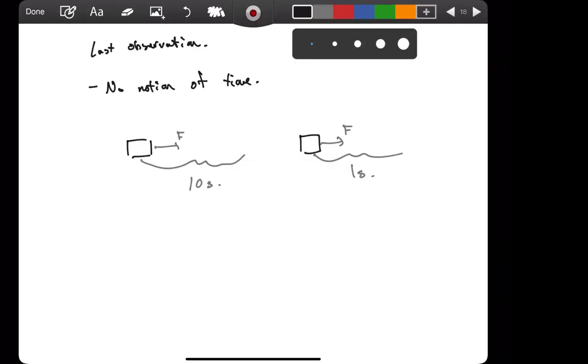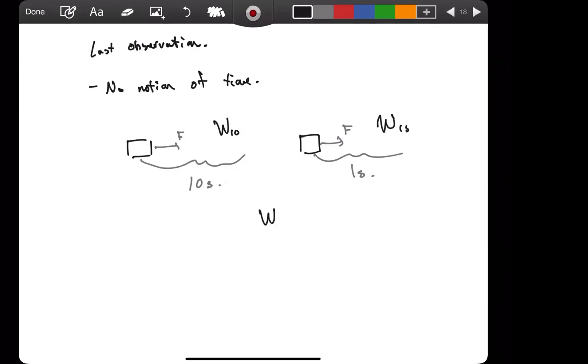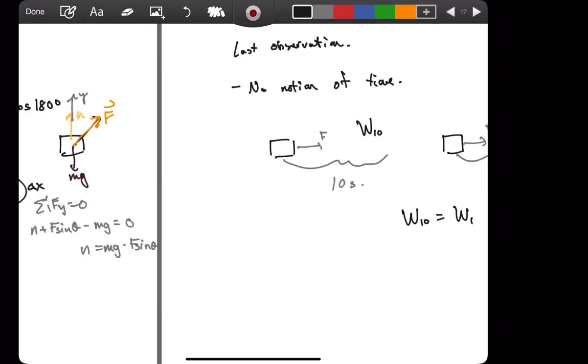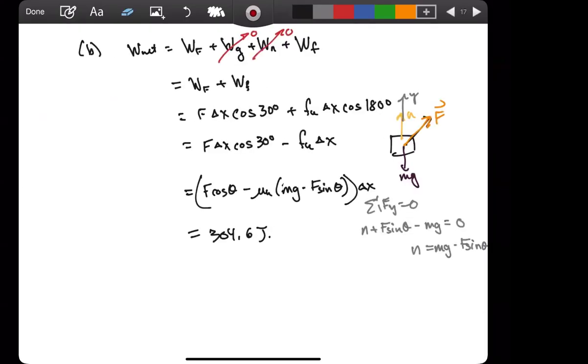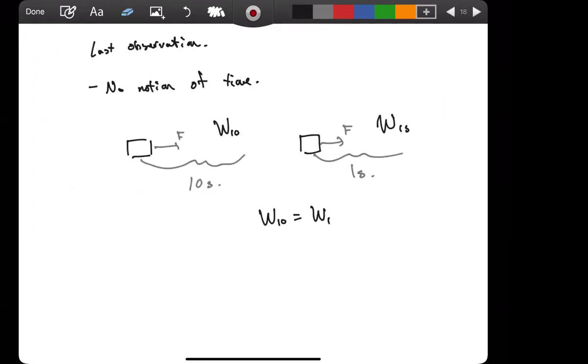Now, as far as each one of these scenarios is concerned, the work done over 10 seconds versus the work done over 1 second is exactly the same. They're the same because the displacement is the same, the force is the same, and by our definition of work, which is simply force times displacement times cosine of the angle between the two, they do exactly the same amount of work. So there is zero notion of time in this case.